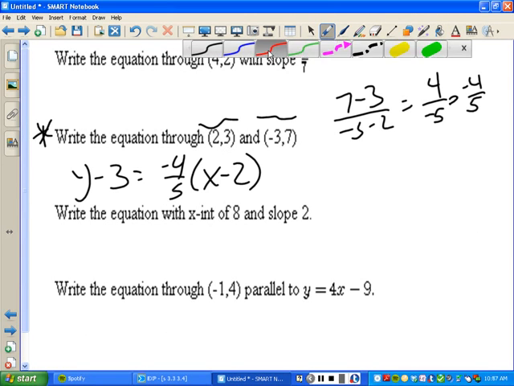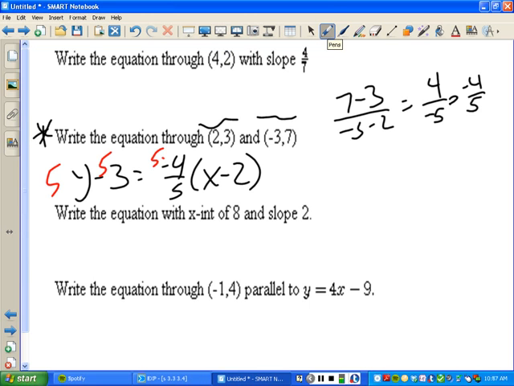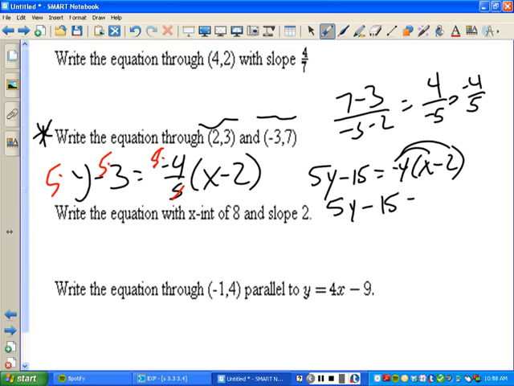Again, I'm going to multiply through by 5. You may or may not choose to do so. I'm not saying you have to. So you'll get 5y minus 15 equals negative 4x minus 2. 5y minus 15 equals negative 4x plus 8.